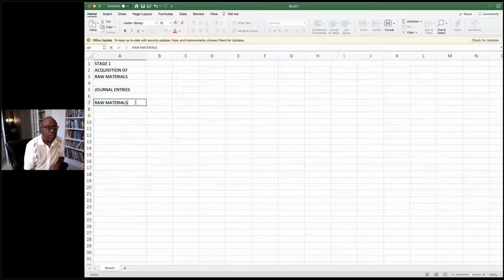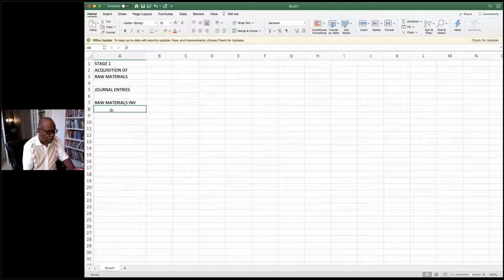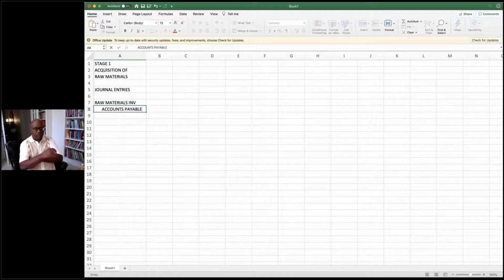And what are we going to credit? We're going to credit accounts payable. And we make this entry for every raw material. So in stage one, we simply debit raw materials, credit accounts payable. We make that entry for however many raw materials it is.